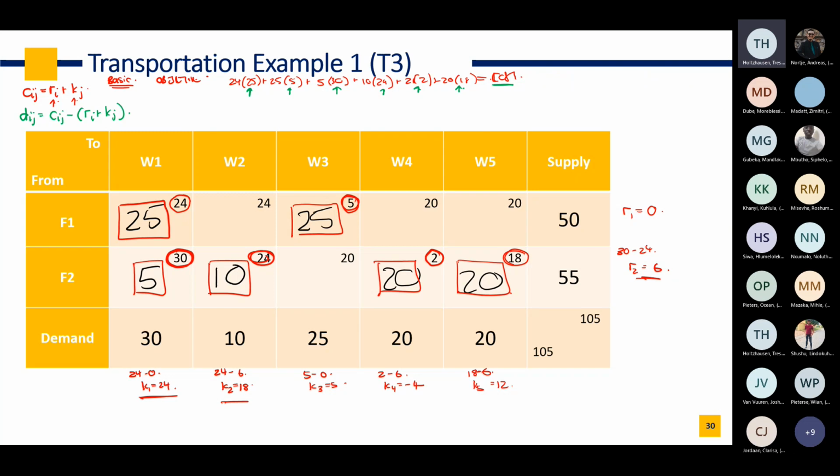We use those to work out the R's and the K's, because it's having an impact on the objective function value. We then use those R's and K's and the cost to work out, if we had to bring in the ones that are empty, in other words, the ones that are equal to zero right now, and make them positive values, what impact it will have on the cost function.